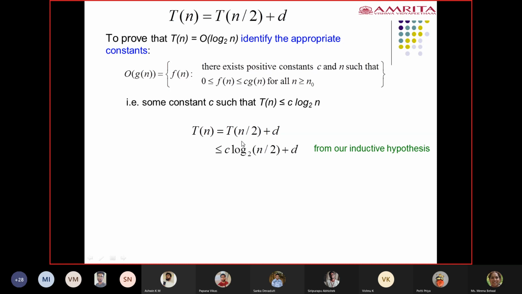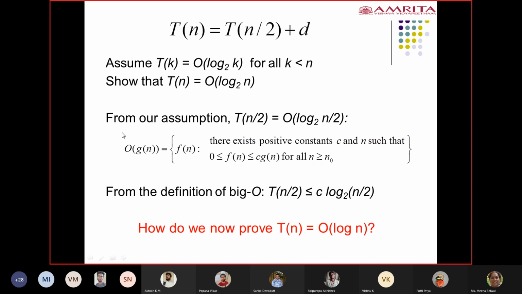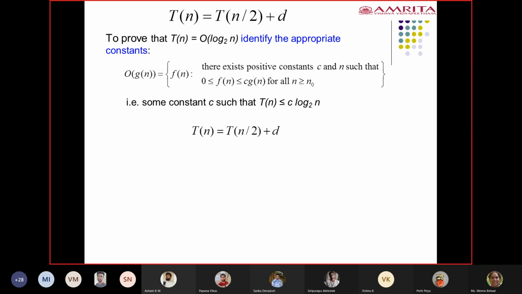And I found that Tn by 2 is less than or equal to C log n by 2 plus D, because from our inductive hypothesis, if that hypothesis is correct, then Tn should be like this.